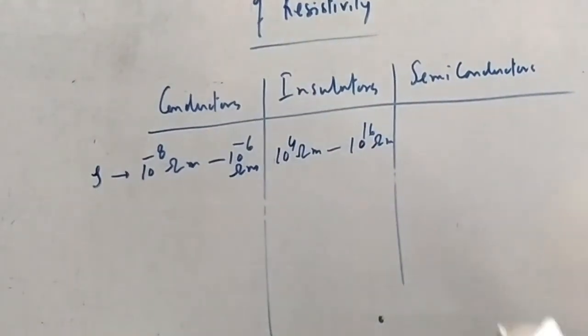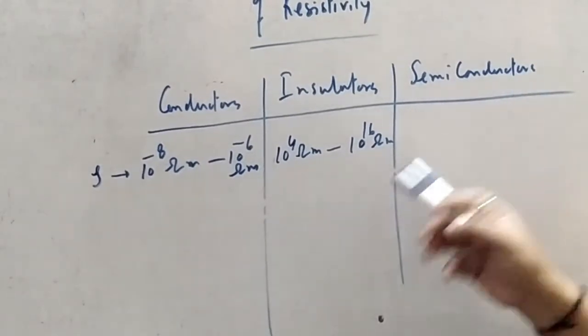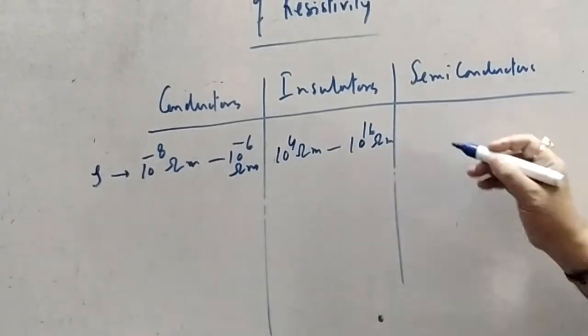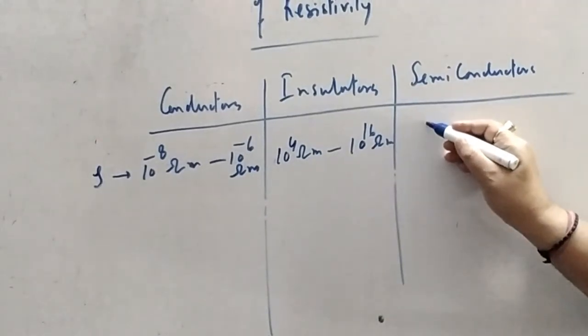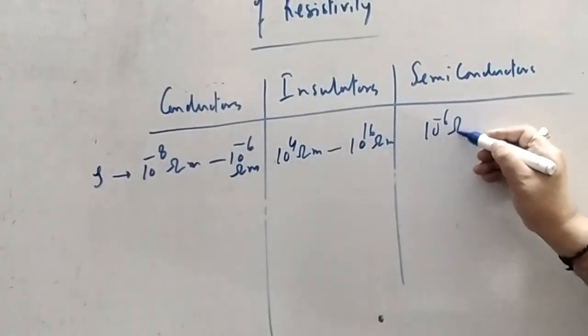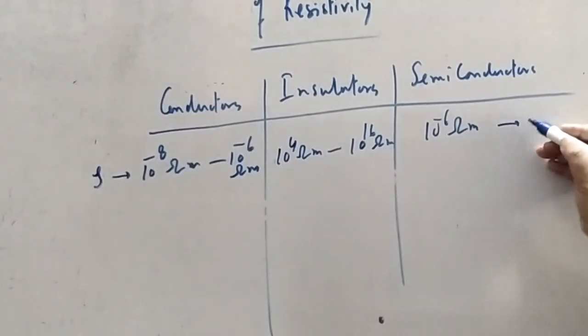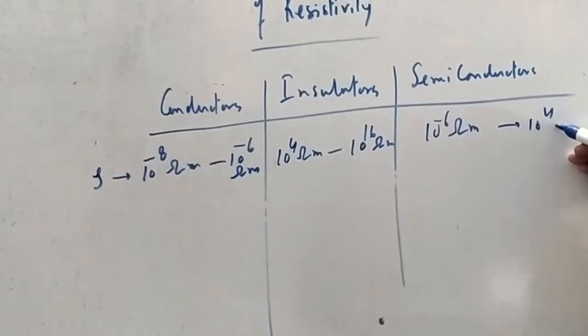And semiconductor, its resistivity lies between those of conductors and insulators. That means it can have a resistivity 10 to the power minus 6 ohm meter to 10 to the power 4 ohm meter.